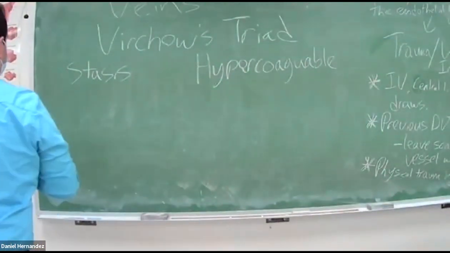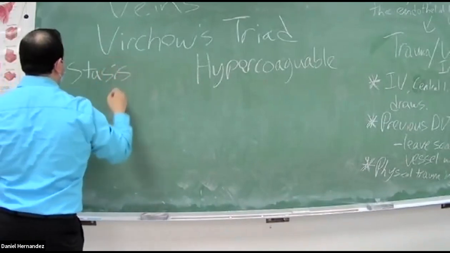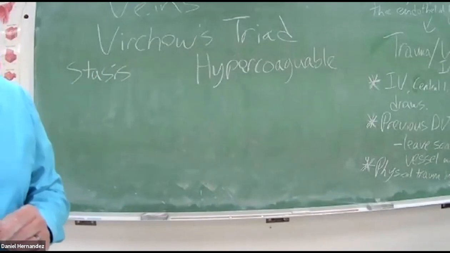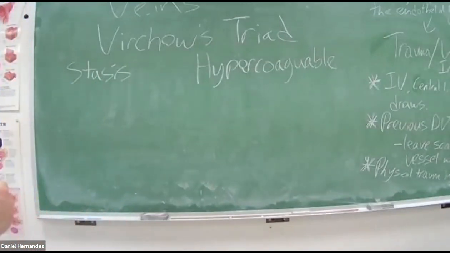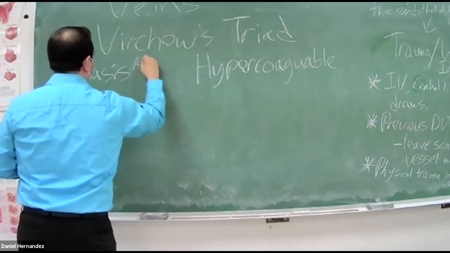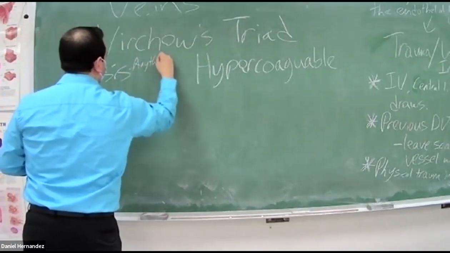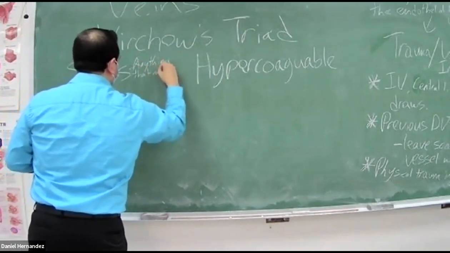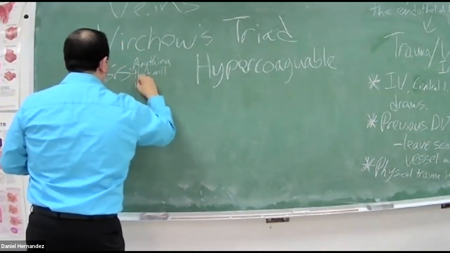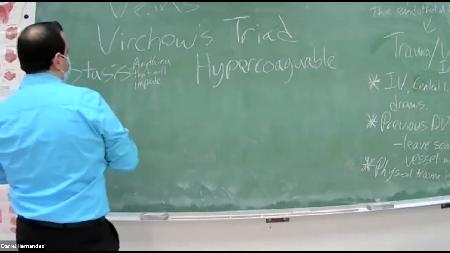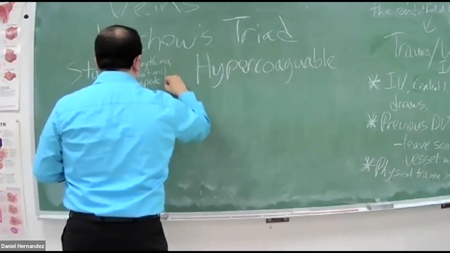And then under stasis, we move to stasis. This is anything that's going to impede blood flow or stop the blood flow from moving.